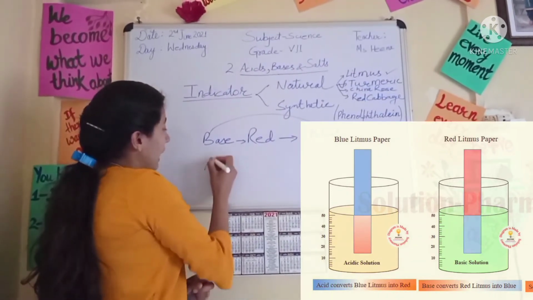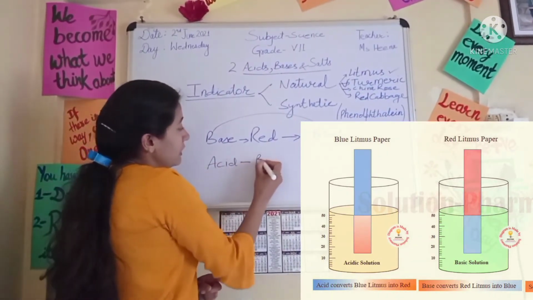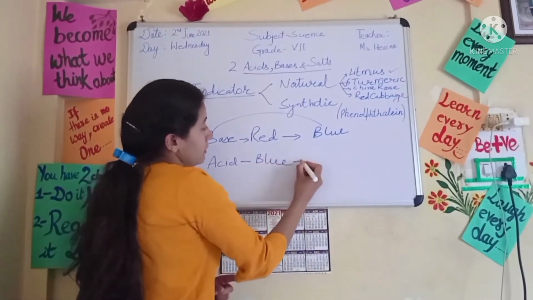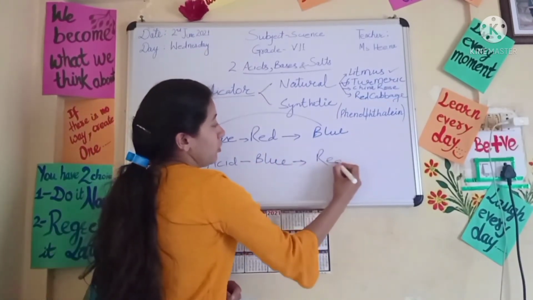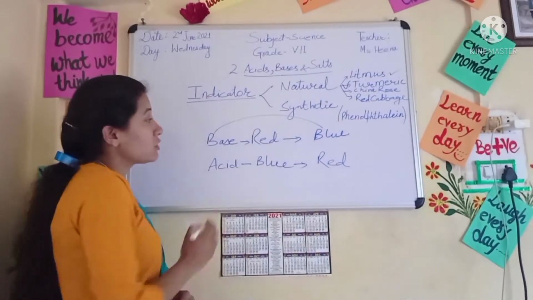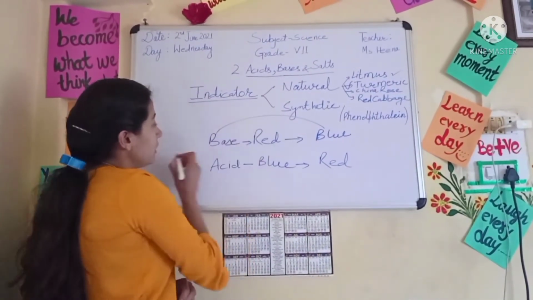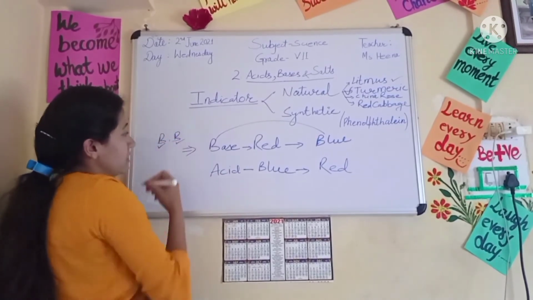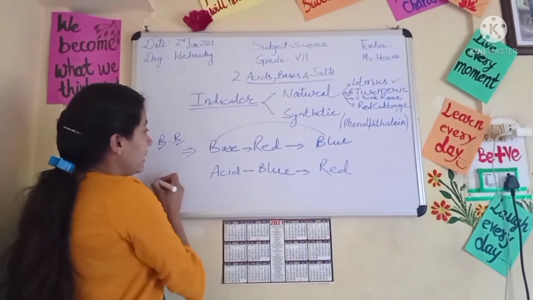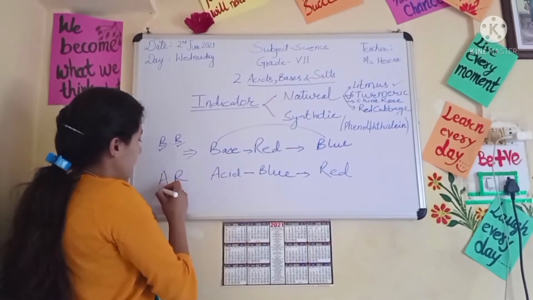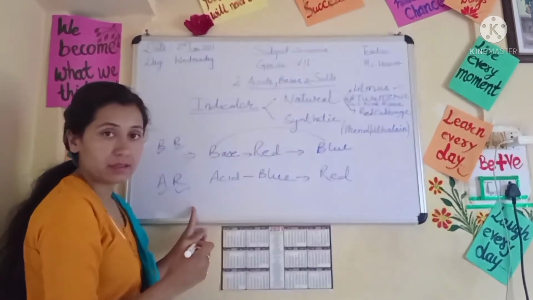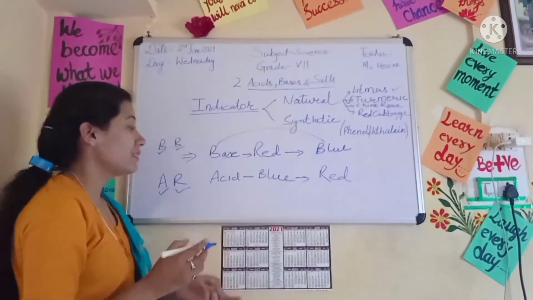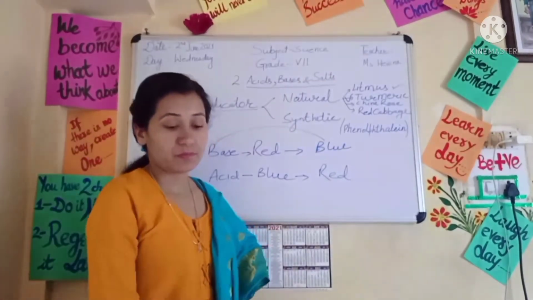And similarly, if we add acid to blue litmus paper, it turns red, opposite to it. So you can learn it by BB, short form for blue base, and AR, acid turns red. This way you can learn it, otherwise you'll get confused.